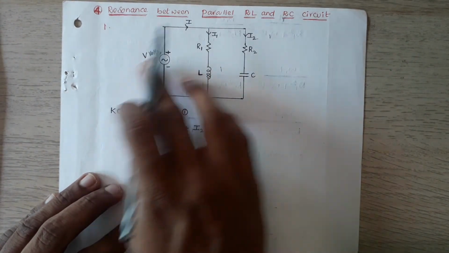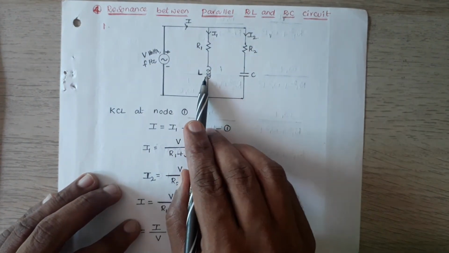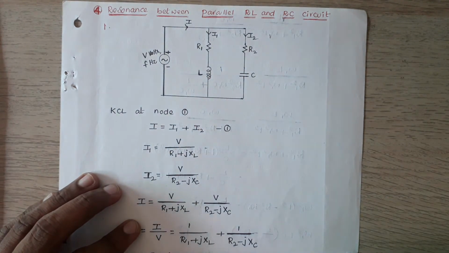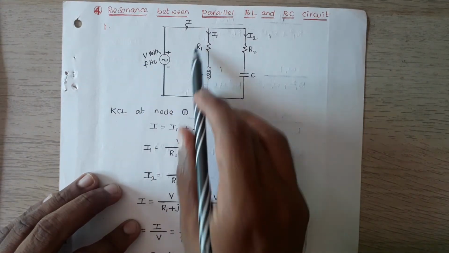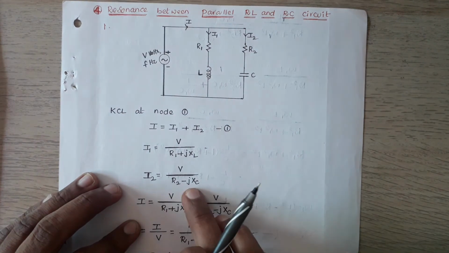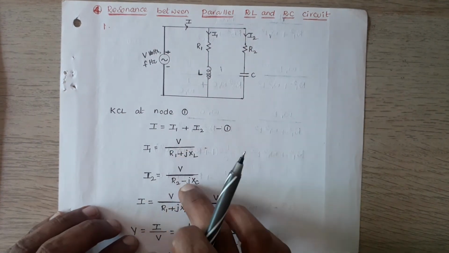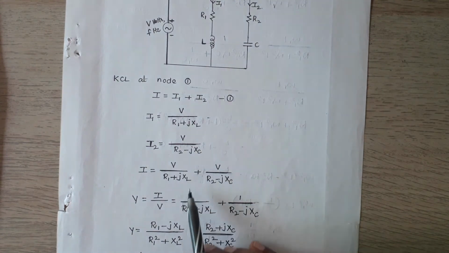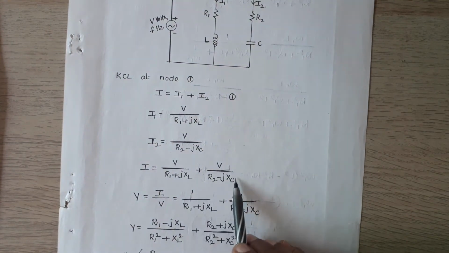I1 equals V by (R1 plus jXL), where R1 plus jXL is the impedance offered by this RL branch. Similarly, I2 equals V by (R2 minus jXC). Substitute these two in equation 1: I equals V by (R1 plus jXL) plus V by (R2 minus jXC).